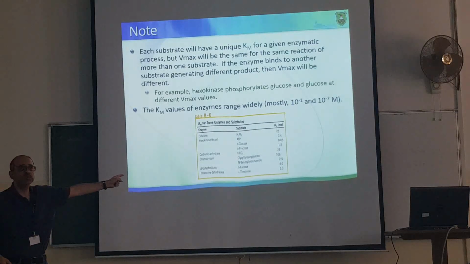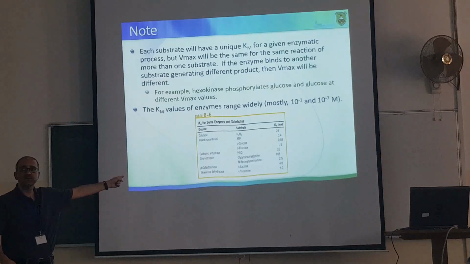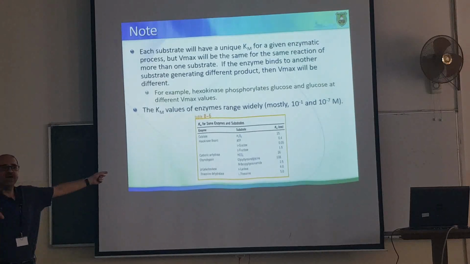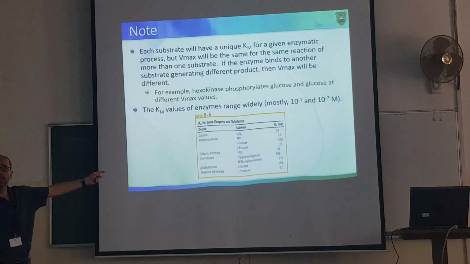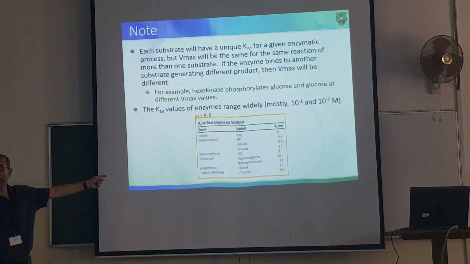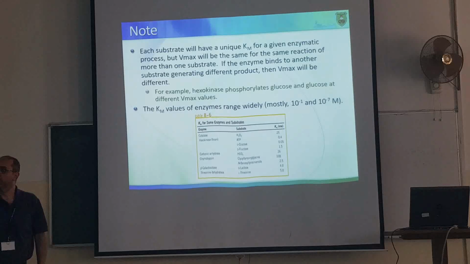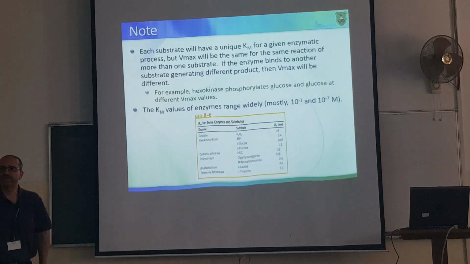All I need is 0.05 millimolar of glucose to have V half of Vmax. To fill in, to have 50% of the active sites bound with glucose. All I need is 0.05.